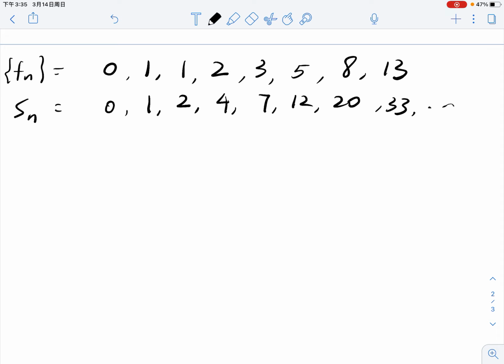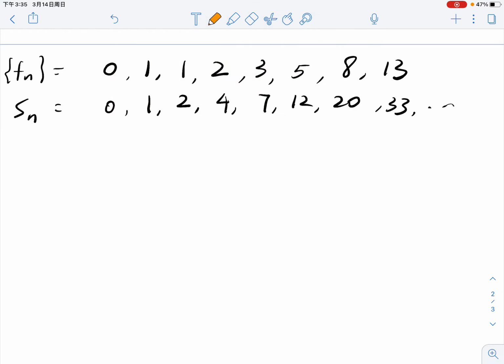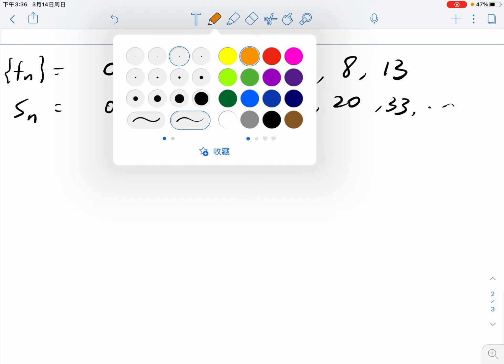Okay, if you are careful enough, you will notice that actually there's no big difference between Fn and Sn. So Sn is almost Fibonacci, although not that close. Okay, if you look at that, what do you have?